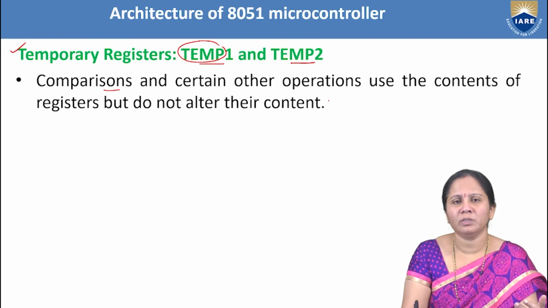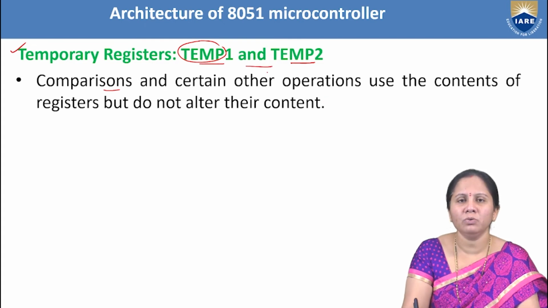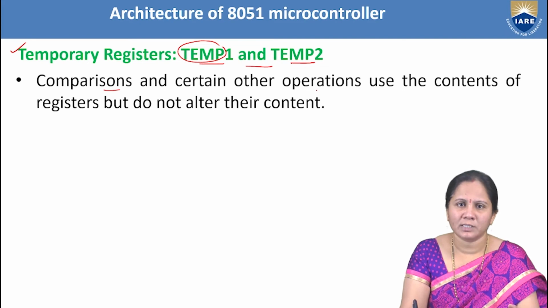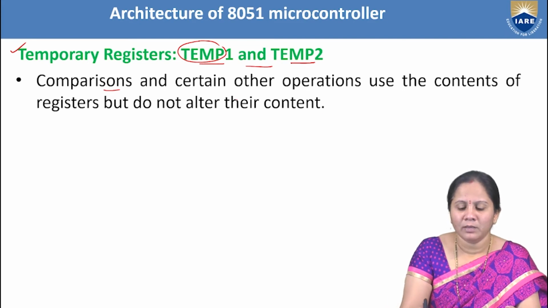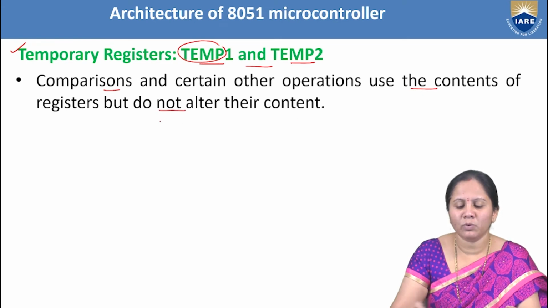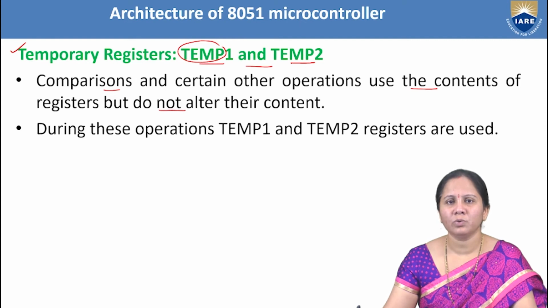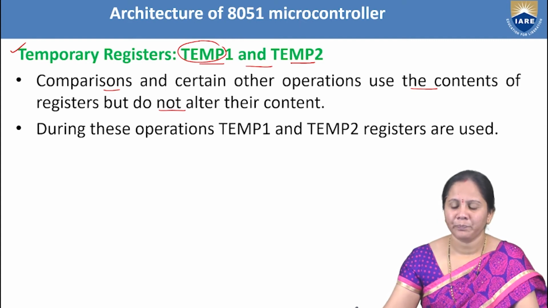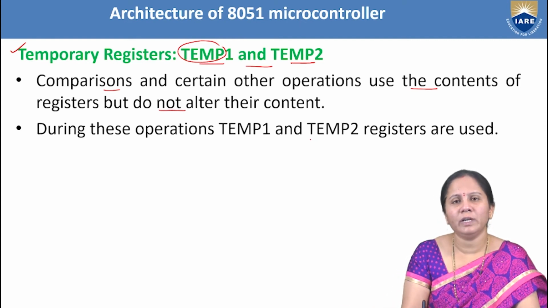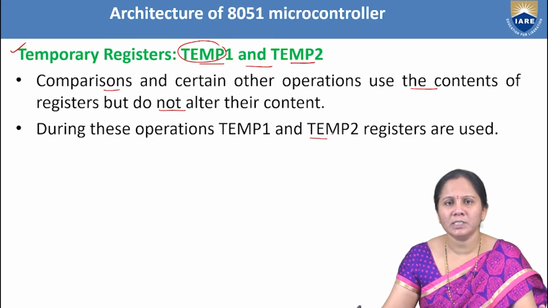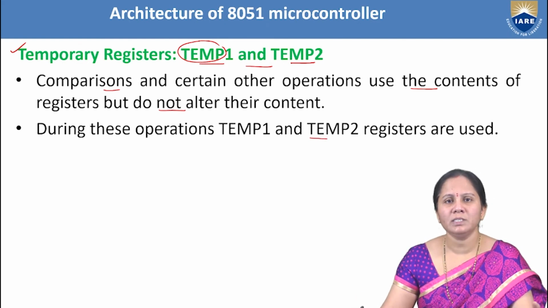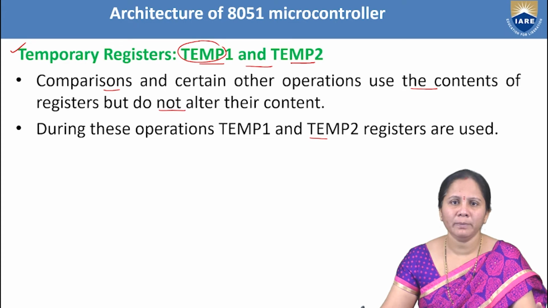But if we want to store the result, we can use these two temporary registers. They use the contents of registers but do not alter their content. They just store the data temporarily, so during any operations we can use the two registers TEMP1 and TEMP2.